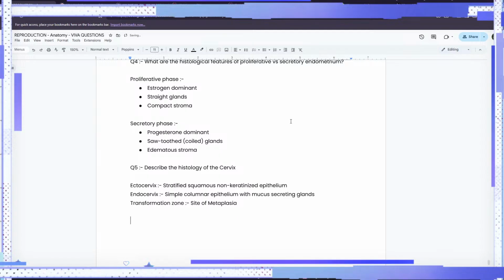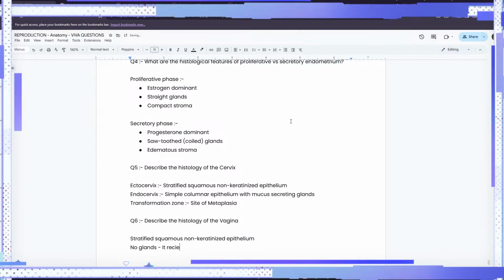And then, of course, describe the histology of the vagina. We can say that it is very clearly stratified squamous non-keratinized epithelium, with no glands.